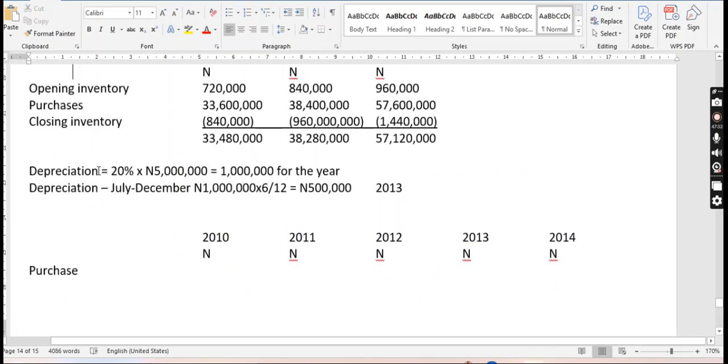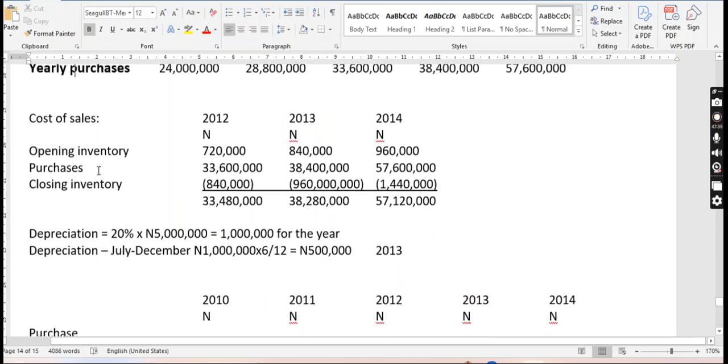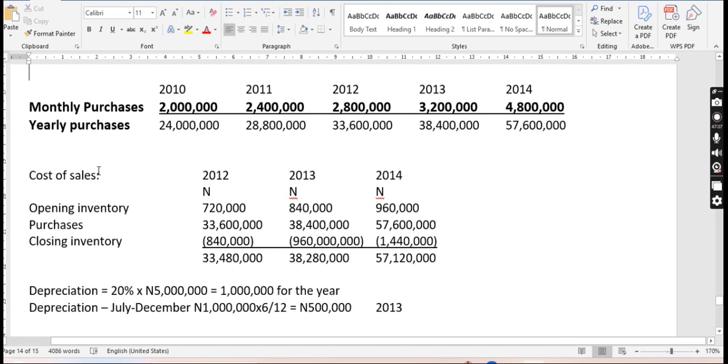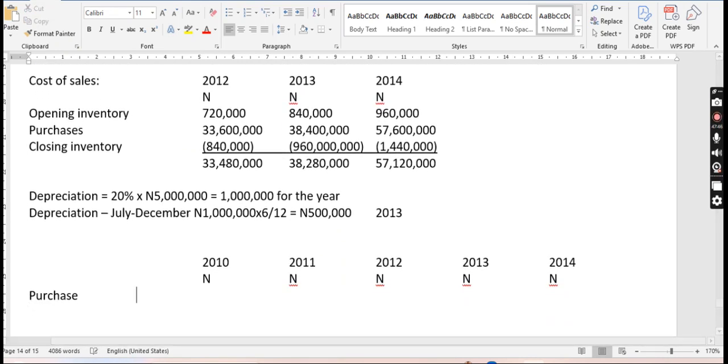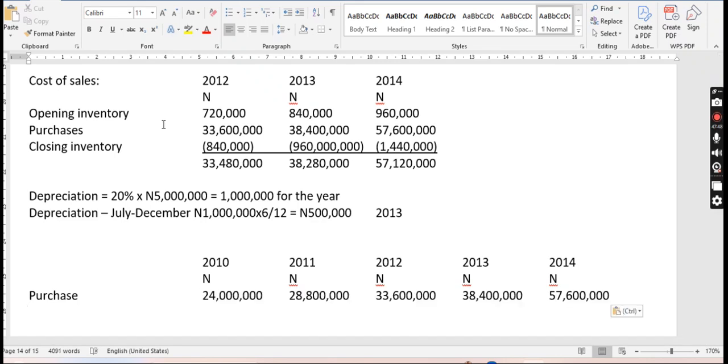I want you to pay attention to this part. If you don't pay attention, you just miss it, right? The yearly purchase. I want you to understand something here. I can lock this question, and that is why you see the performance there, right?